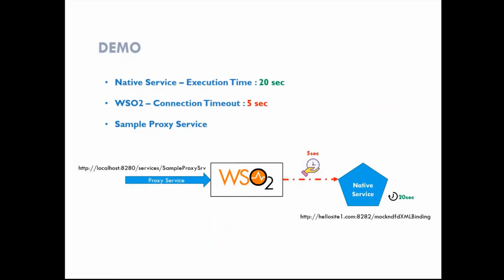So to summarize, what we have seen is the circuit breaker pattern in action. And as you may recollect, we have actually played around with the native service execution time to keep it higher than 5 seconds and lower than 5 seconds, and demonstrated how the circuit opens and closes based on the health of the native service.